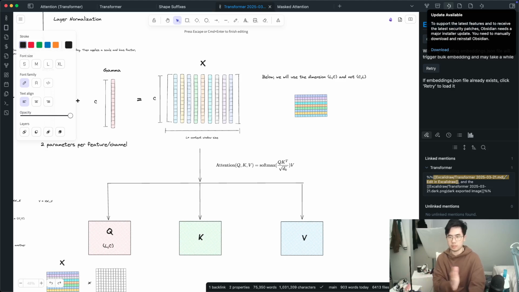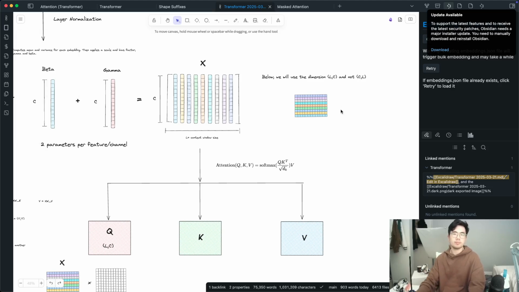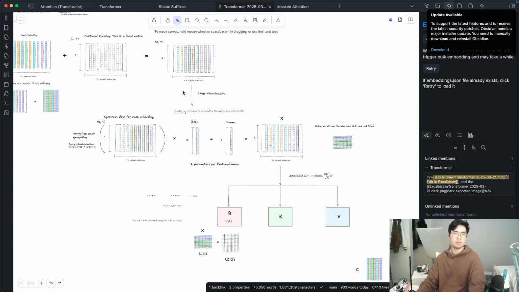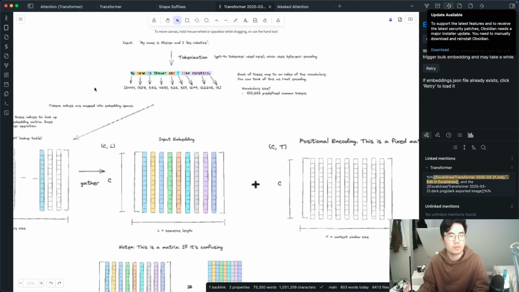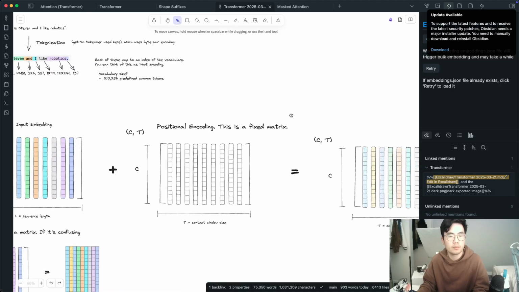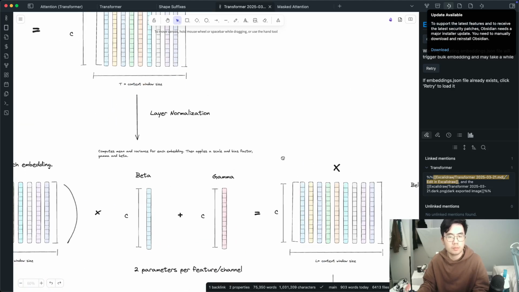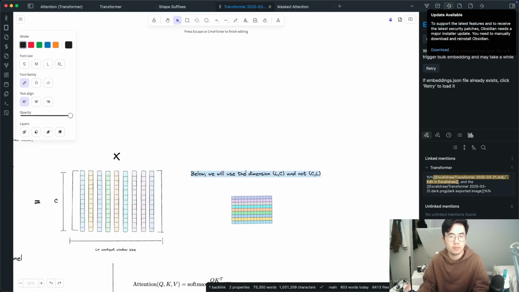It's easier to visualize time like this than going down. So far we've been visualizing our embeddings as CL.